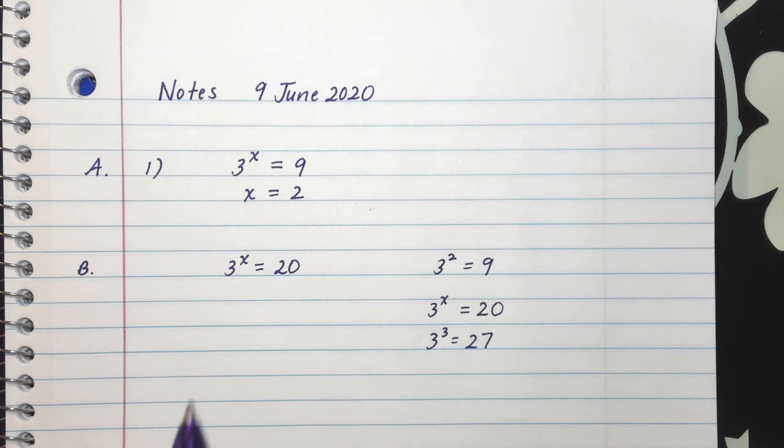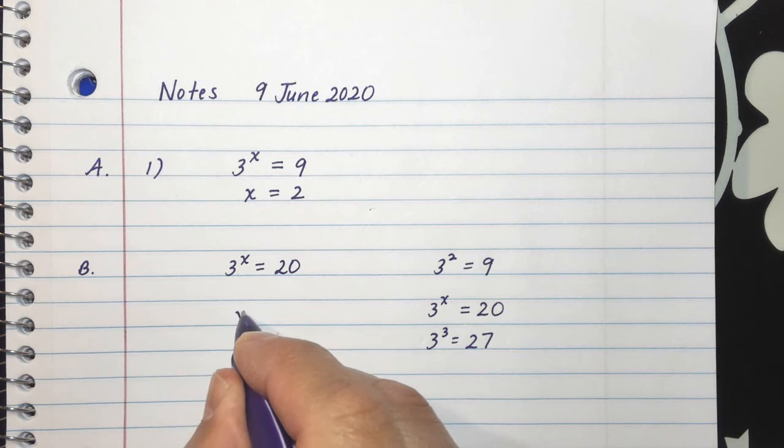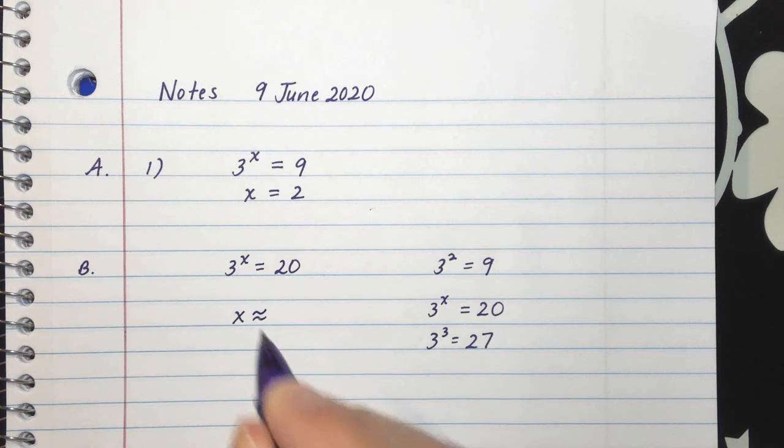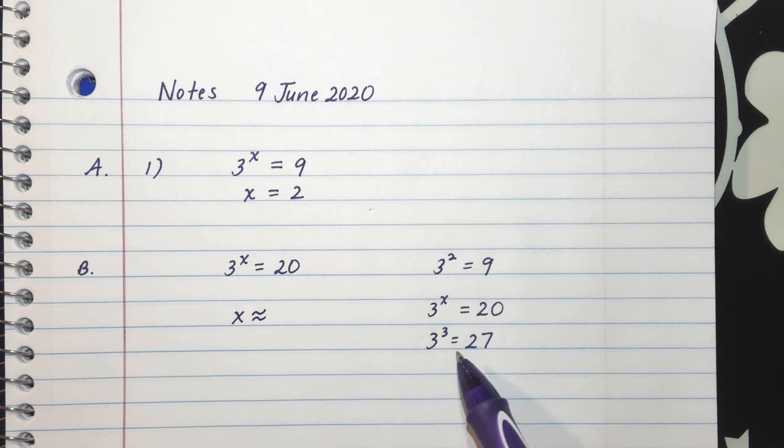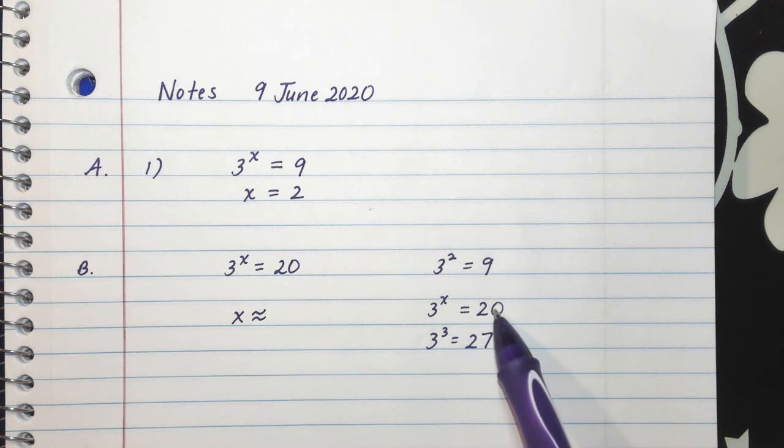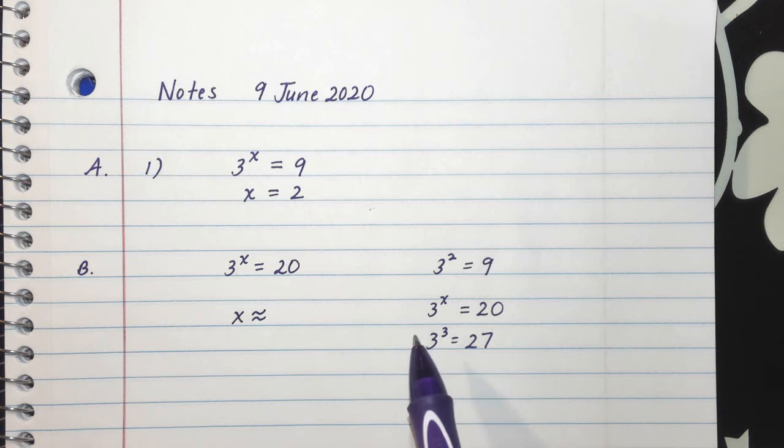So my estimation would be about, let's see, 2.5 would be right in the middle, and 20 is not right in the middle of those two numbers. Plus it's not linear, so it doesn't work that way anyways.